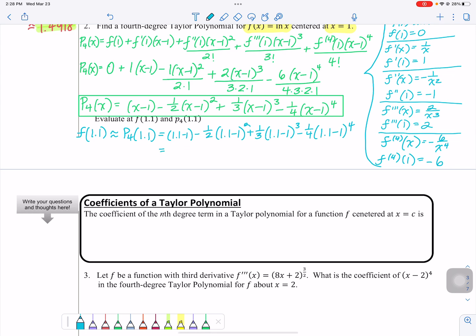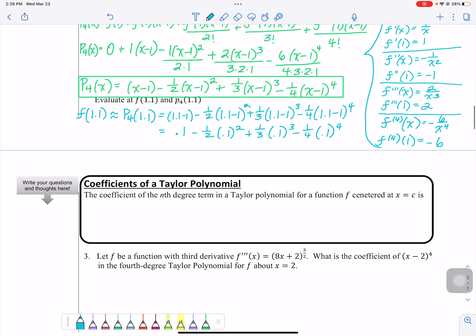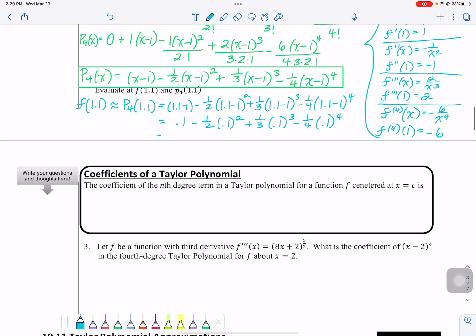And this is just 0.1 minus 1/2 times 0.1 squared plus 1/3 times 0.1 cubed minus 1/4 times 0.1 to the 4th. And I went ahead and worked this out, and I got 0.0953083.